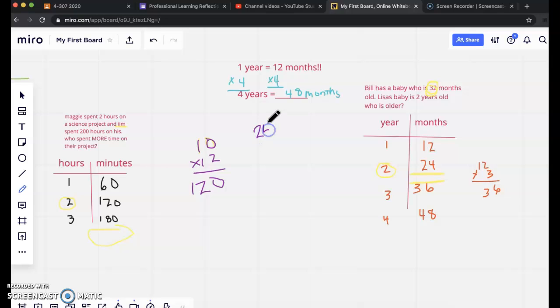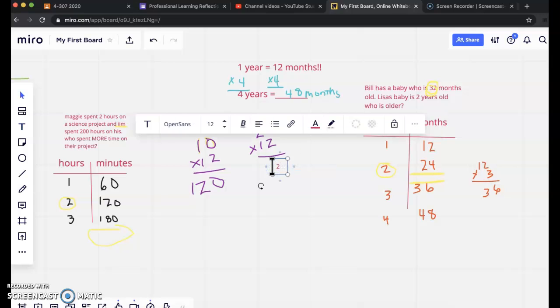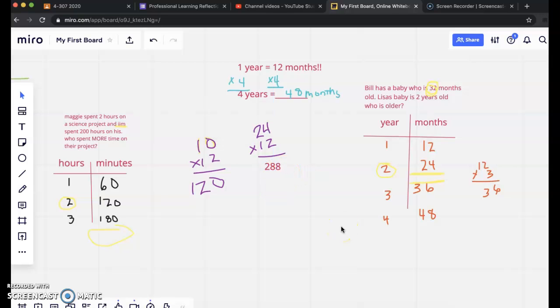I am 24 years old. There's 12 months in a year. So if I were to multiply, I would wind up getting 288 after all is said and done. So I'm just a little older than you guys in months. And that is what we would use that for.